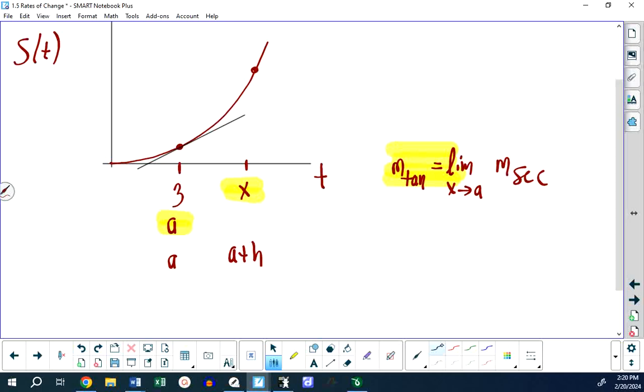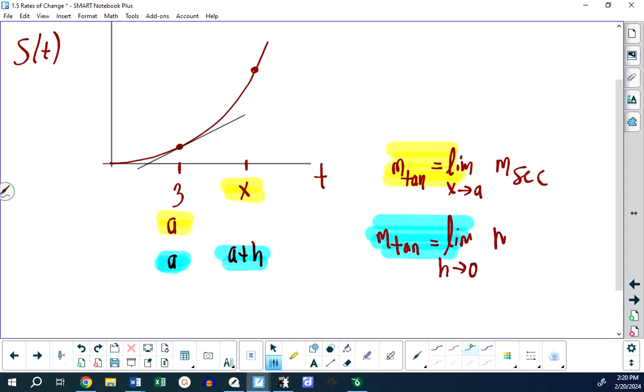On the other hand, if you chose to take this tack, where you're going to call this a and this x coordinate of Q a plus h, then what you are doing is you're going to be using the following to find the slope of the tangent. It's going to be the limit as h approaches 0 of the slope of the secant.